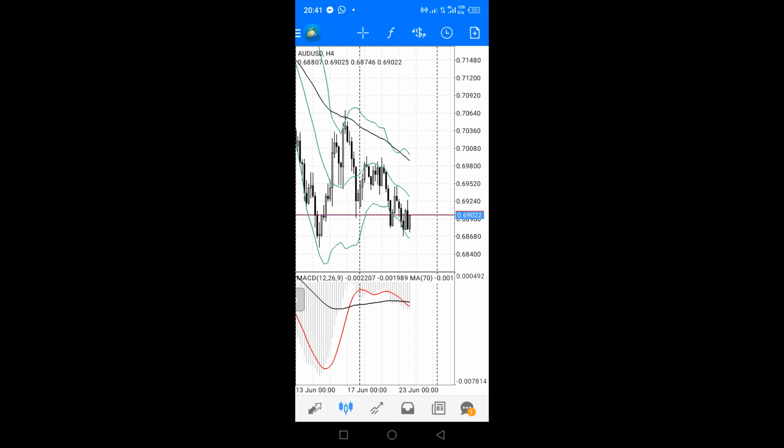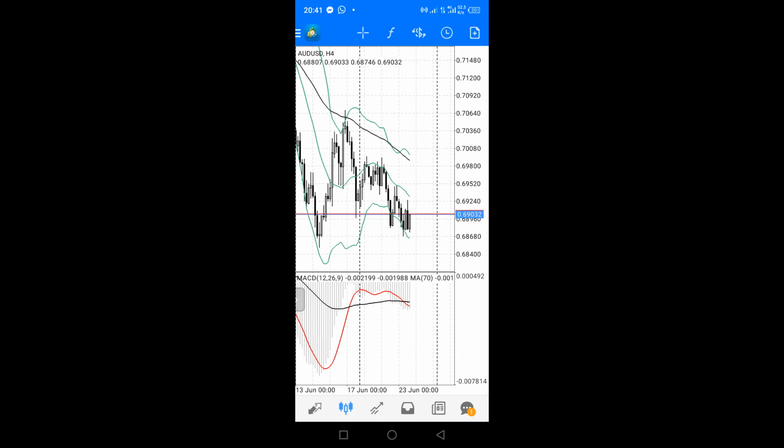Now, I want you to notice something. Whatever I add to my chart, whatever indicator I add to my chart remains there irrespective of the currency pair I pick, right? It remains there. And by this way, I've just given you the third way to go to your charts.